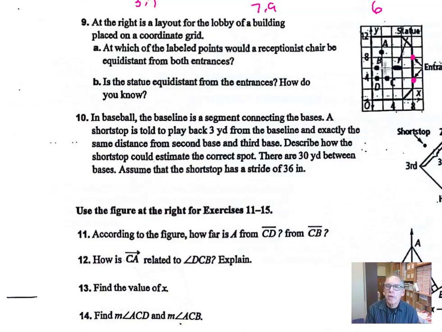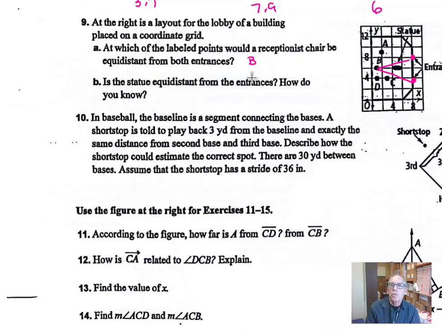So we're looking for an isosceles triangle pattern. So B would give us an isosceles triangle. And that's really it for the coordinates. So B would probably be the position for the receptionist chair to be equidistant from both entrances.